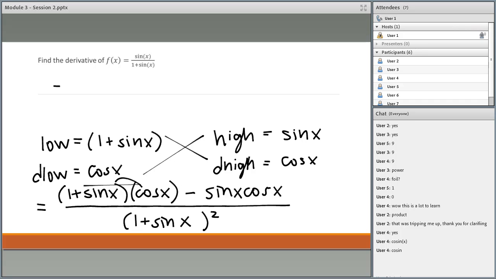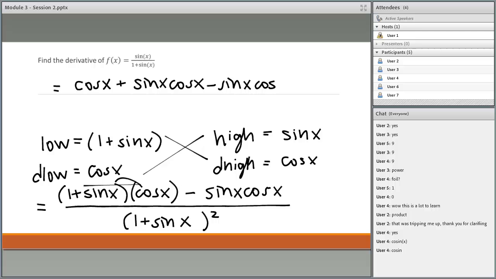So in the numerator, we have cosine x plus sine x cosine x when I distribute that cosine, and then minus sine x cosine x, all over 1 plus sine x squared.